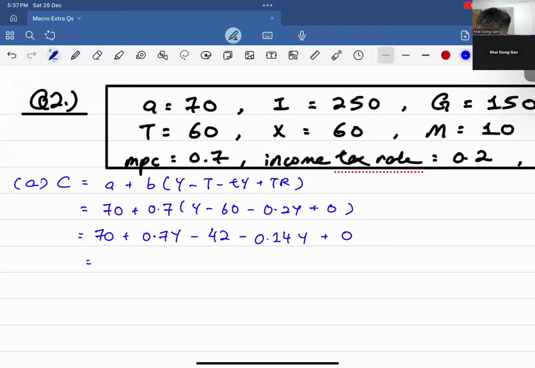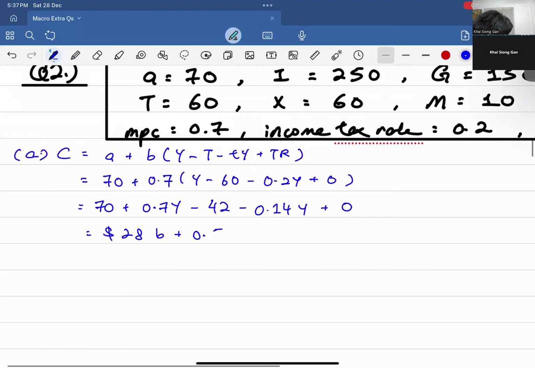At the end, you will be able to get 28 billion plus 0.56Y.